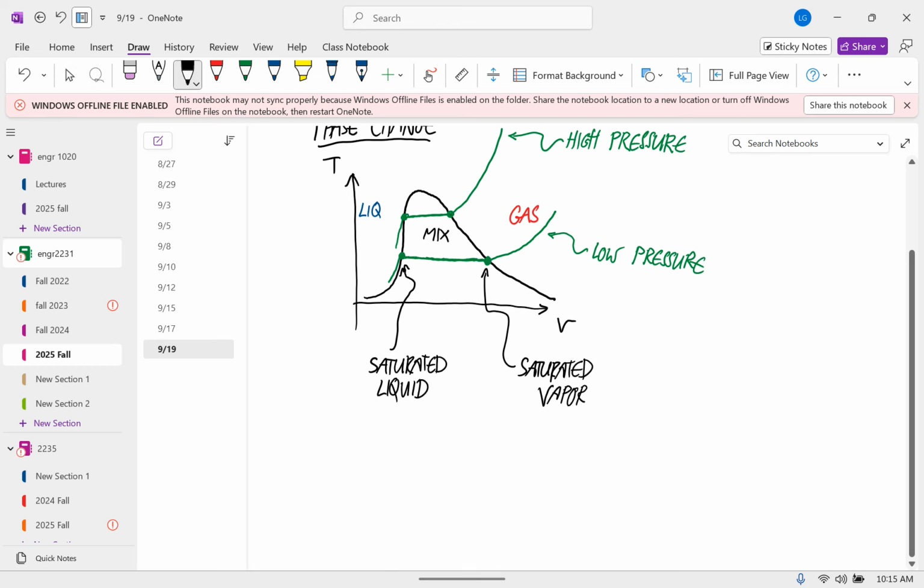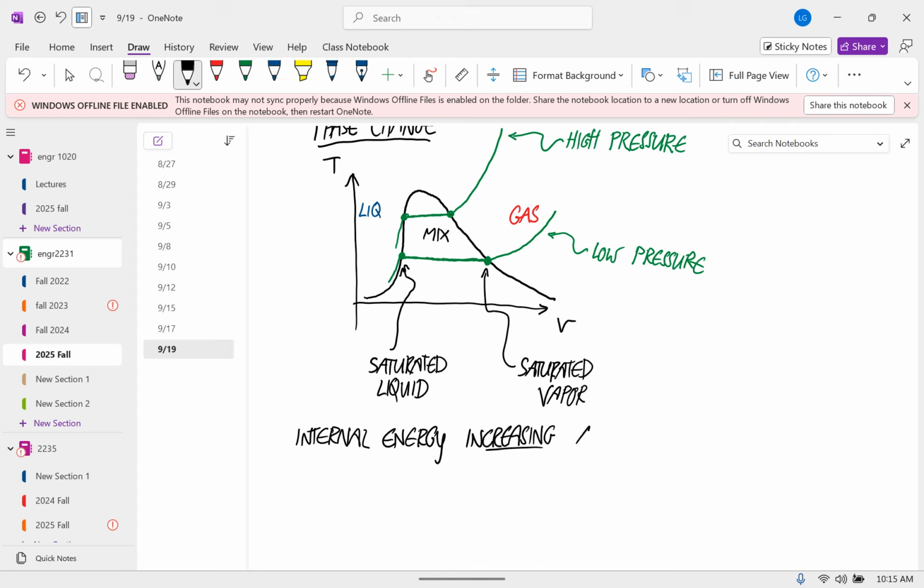And in both of these, internal energy is increasing as you go from left to right. There is some energy difference between that saturated liquid dot and the saturated vapor dot, because the way you get from one to the other is by adding internal energy.